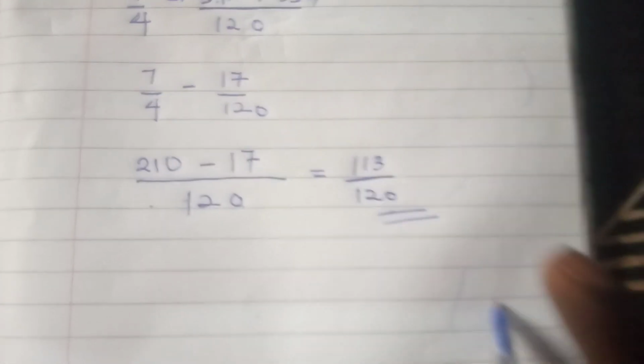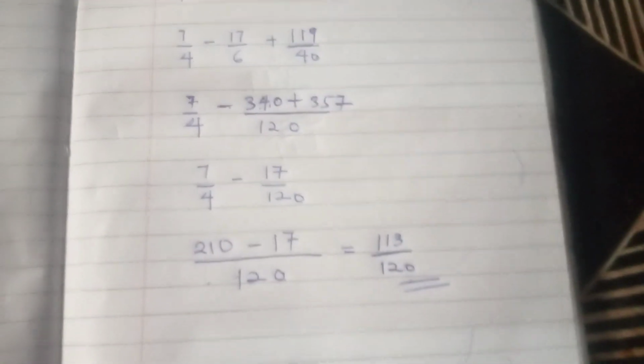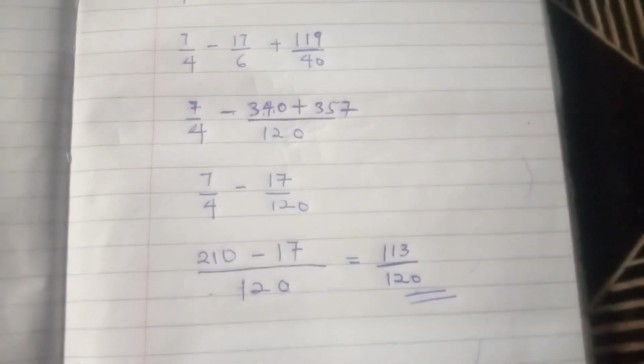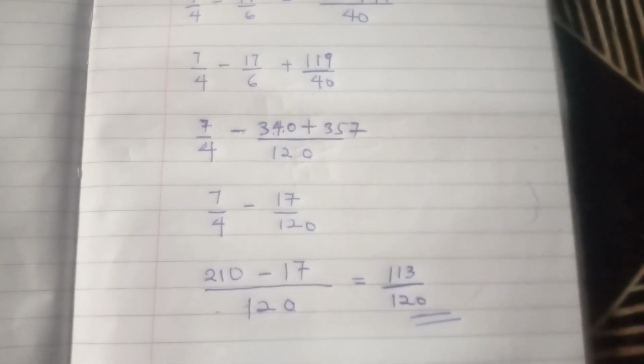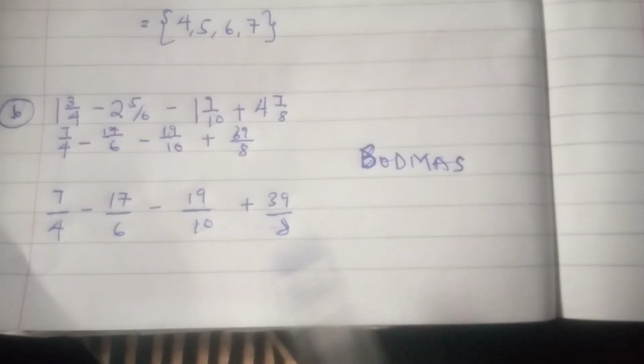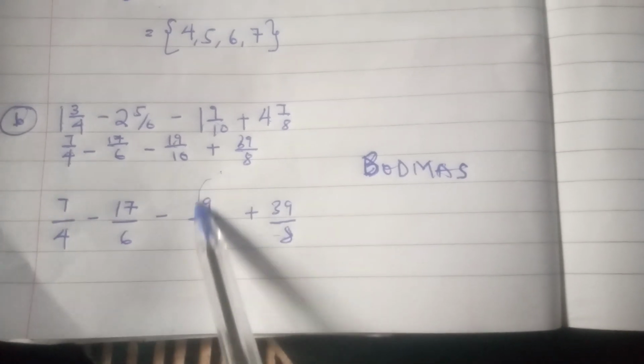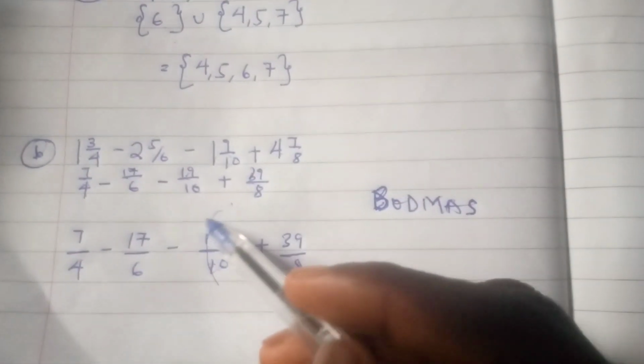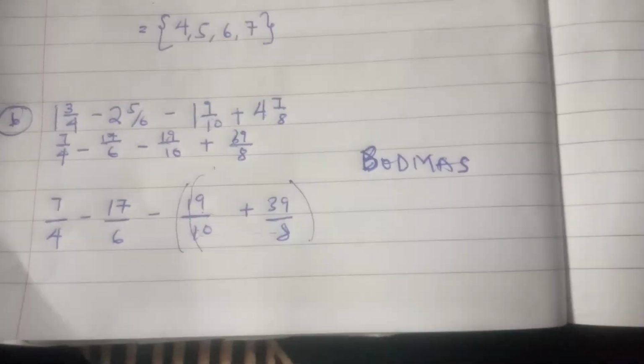Good. So this answer, actually I doubt it, because I've solved this question several times and I've arrived at different answers, trust me. And if you see, most of the time if we use BODMAS, we normally put this in a bracket and solve for it.